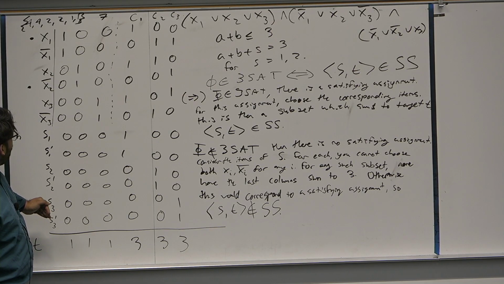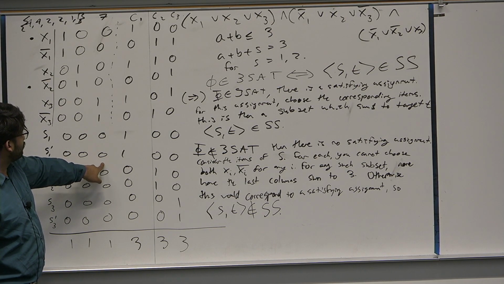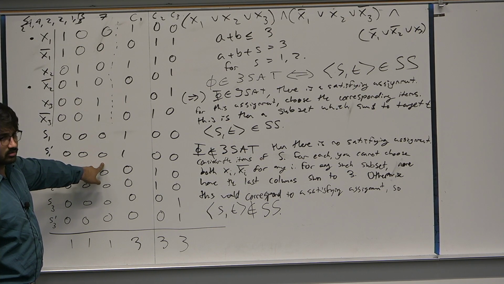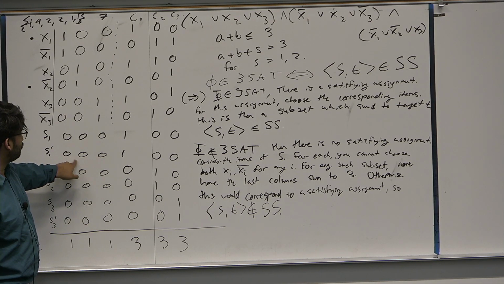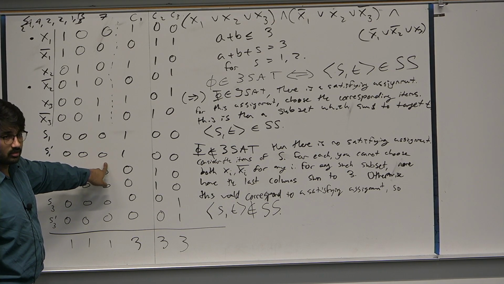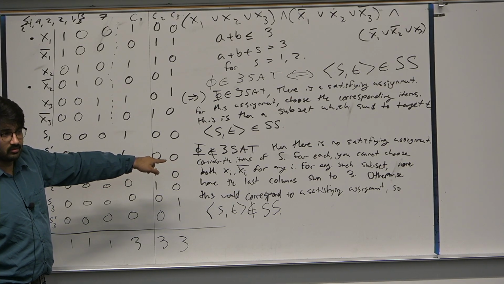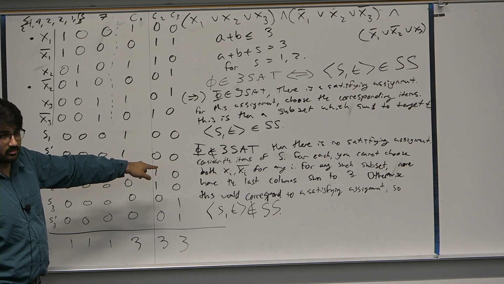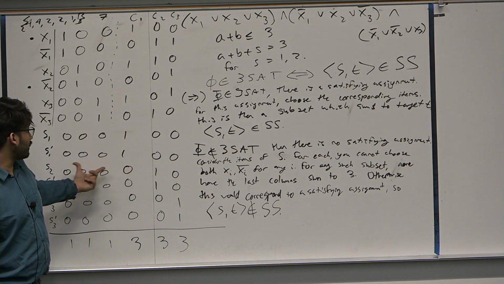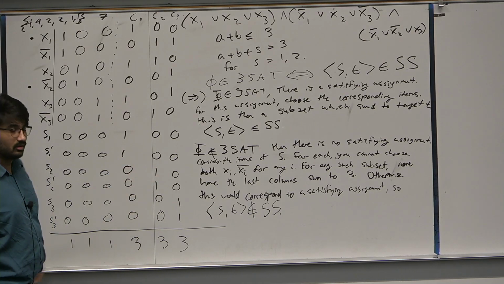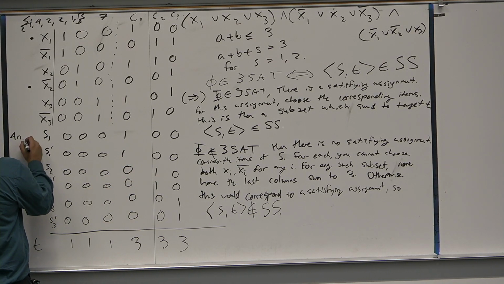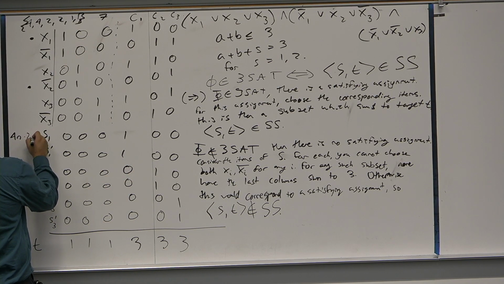How many columns are there? How many of these will there be? 1, 2, 3. 3 columns plus how many clauses are there? Less than n. So this is like n plus something less than n. So this is approximately less than 4n times 2n.